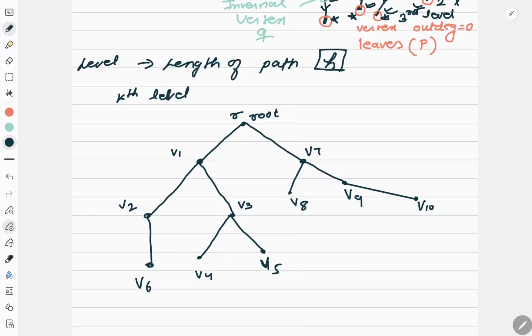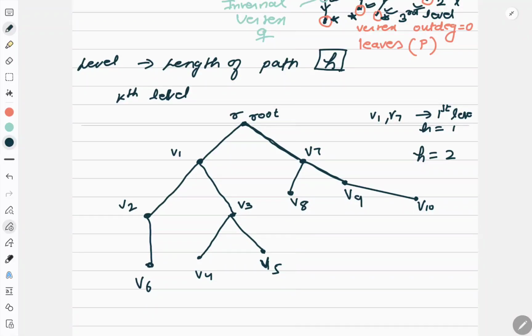Okay, so now look at this diagram, this graph. Here R is the root. Then V1 and V7 are at level 1, so I can say that H is equal to 1 for them. Same way, for V2, V3, V8, V9, H is equal to 2. Because if I am talking about V9, look at this: path length 1, 2.